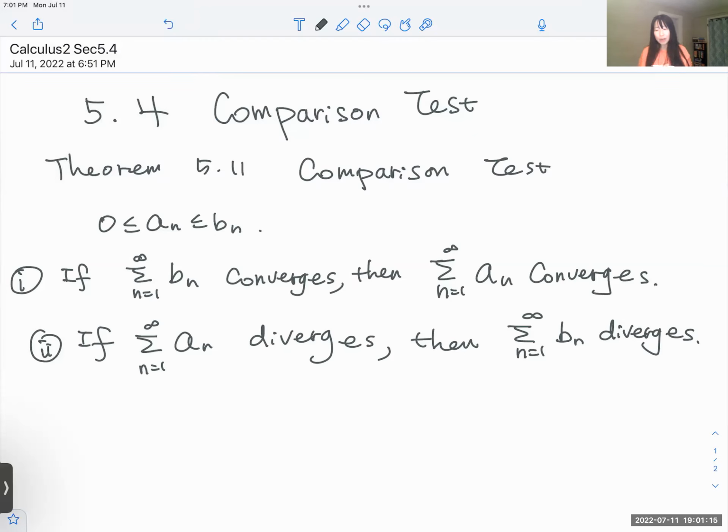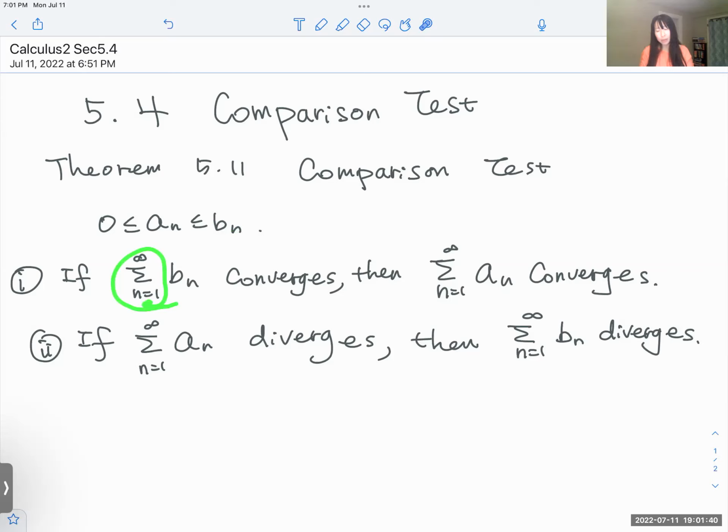So look, we have b sub n is greater than or equal to a sub n, and this a sub n is greater than or equal to 0, right? We have a series, summation.